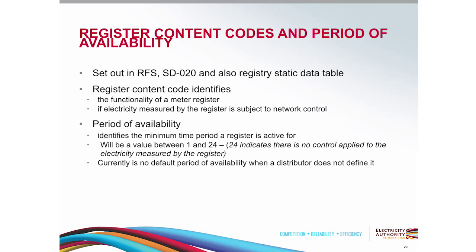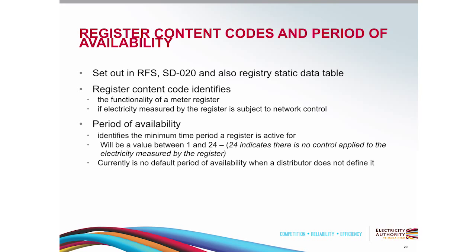One other important point, and we've mentioned register content codes and period of availability. So what are register content codes? They're defined in the registry functional specification in SD 020. Now, you can look that up and it might be of some assistance to you, but it's not a very good table.